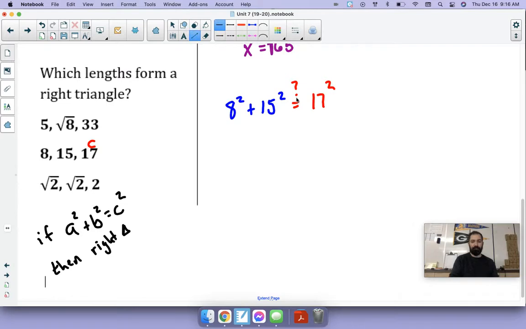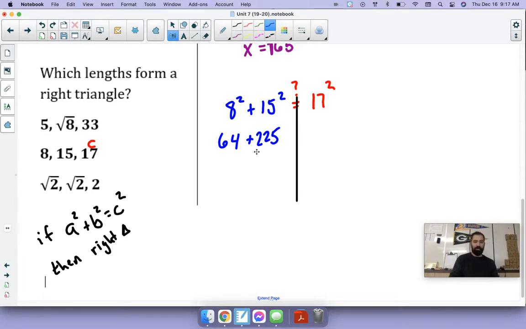Okay, let's solve it. I'm going to simplify. It's not a very straight line, is it? Let's try that again. Better. 8 squared is 64. 15 squared is 225, I believe so. 225 plus 64 is 289. 17 squared is also 289.